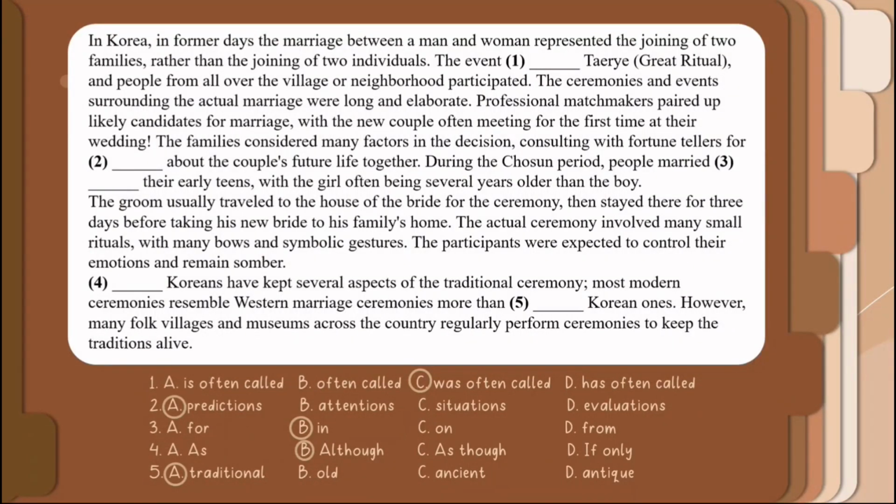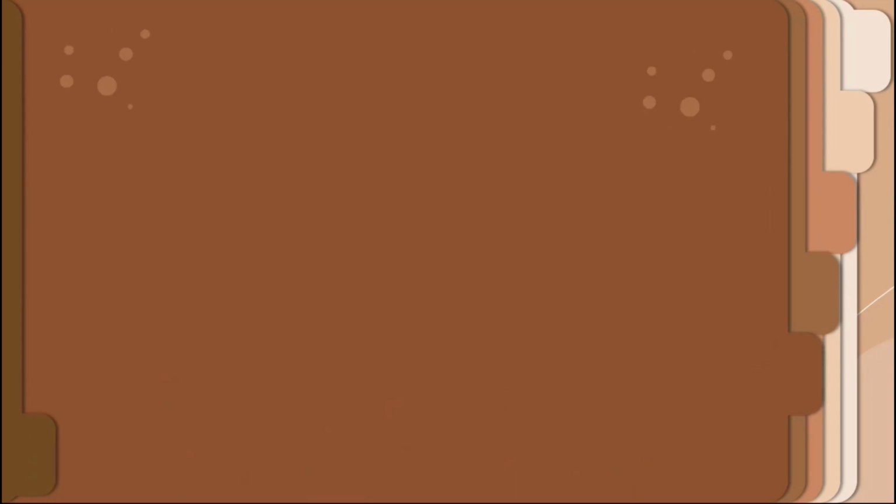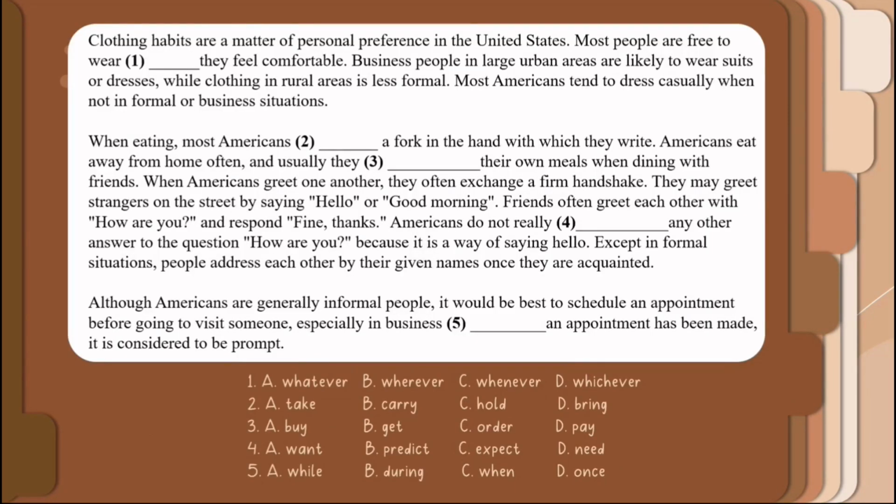For the last passage, for 1, it is A. For 2, it is C. 3, D. For 4, it is C. And for 5, it is A.